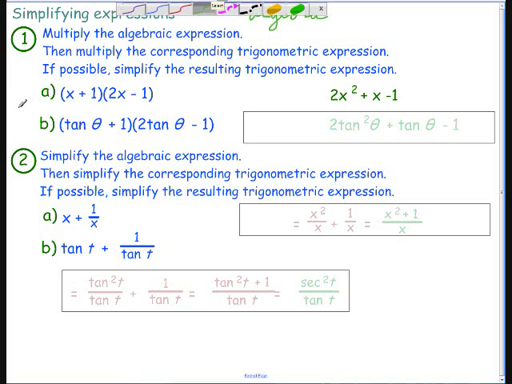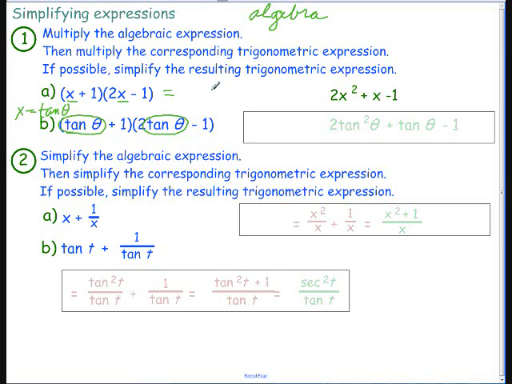If I were to tell you that x is standing in for tangent theta, this starts to make sense, doesn't it? Here's tangent theta, here's tangent theta, and you notice up here, x plus 1, 2x minus 1. So do your multiplication without the trig function. It's so much easier, isn't it? But maybe it's not a whole lot easier, but it's a little bit easier.